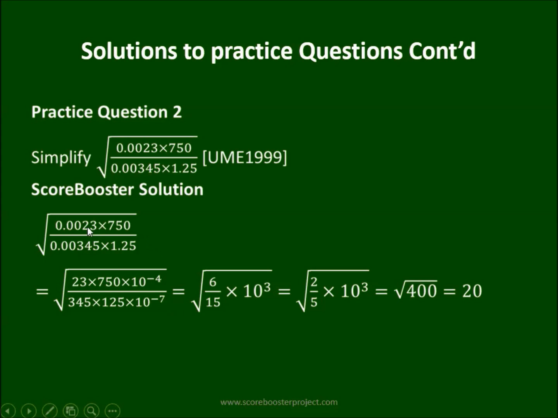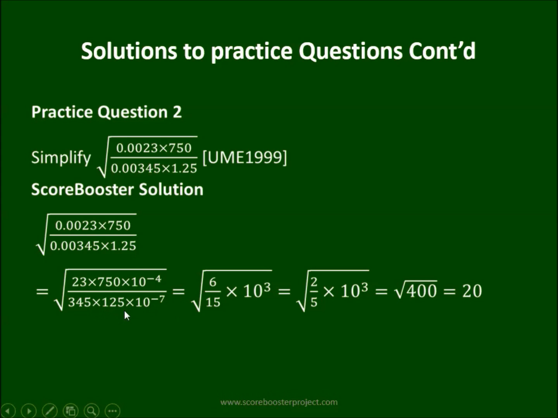Then 0.0023 is simply 23 times 10 raised to power minus 4. Then 750 remains, and also here 0.00345 is simply 345 times 10 raised to power minus 5, and 1.25 here is 125 times 10 raised to power minus 2.